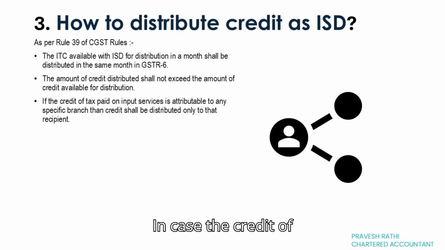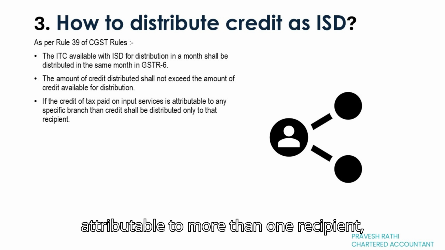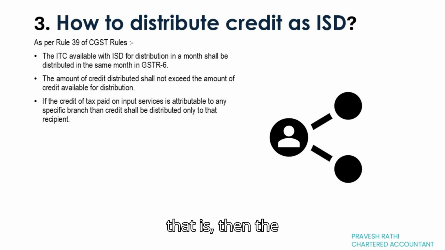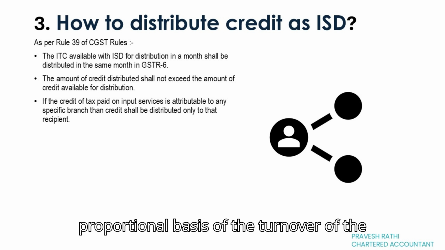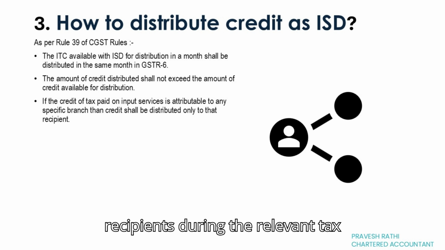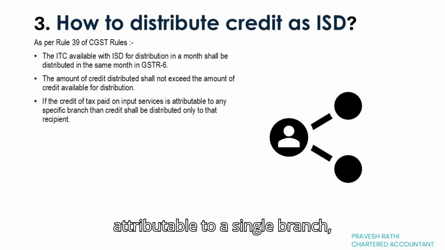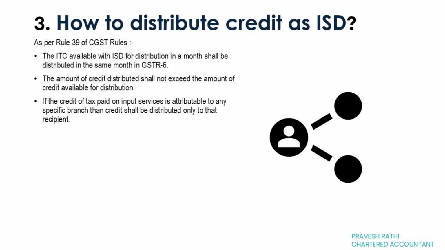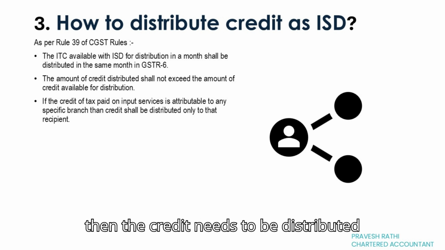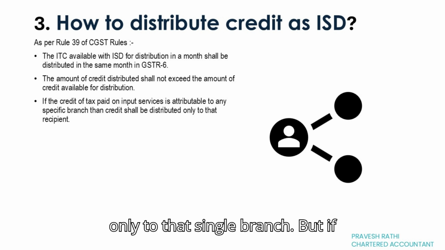In case the credit of tax paid on input services is attributable to more than one recipient, then the credit will be distributed on a proportionate basis of the turnover of the recipients during the relevant tax period. So, in case the credit is attributable to a single branch, then the credit needs to be distributed only to that single branch.